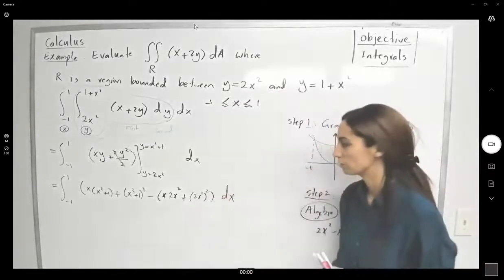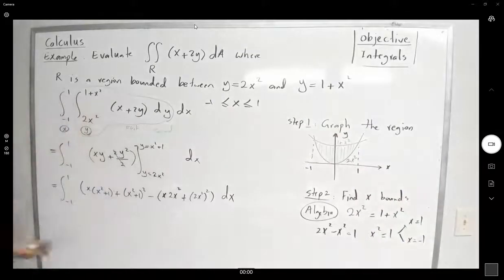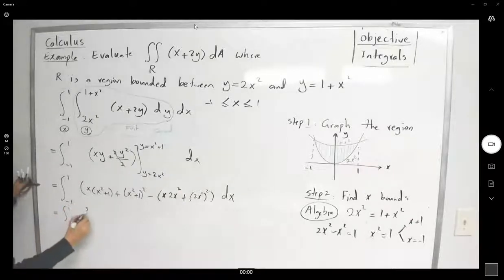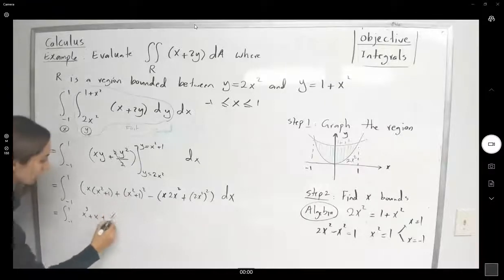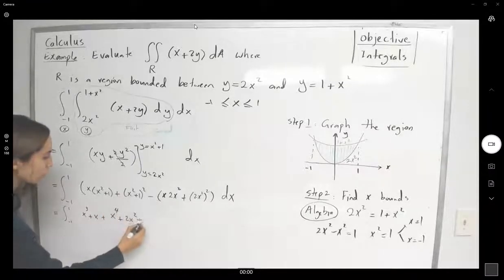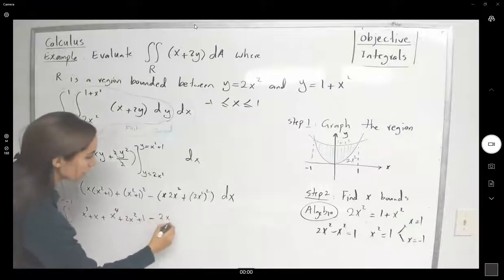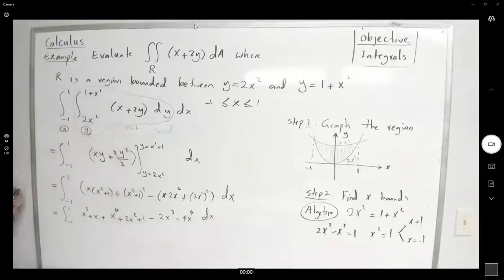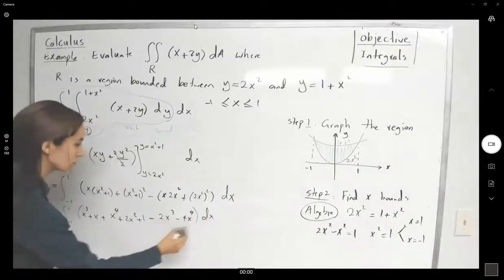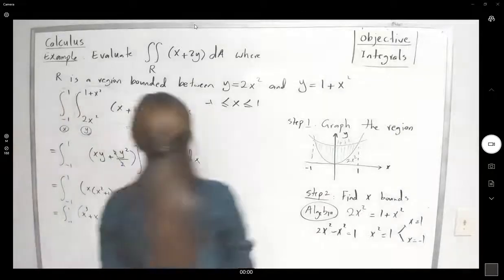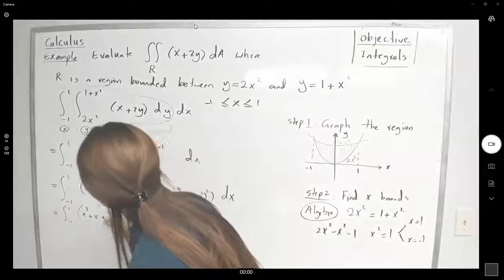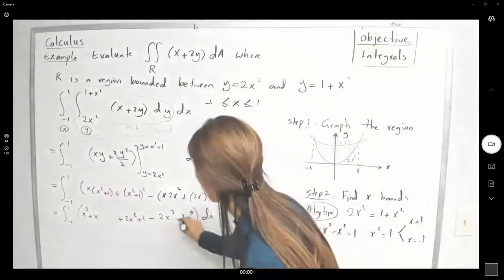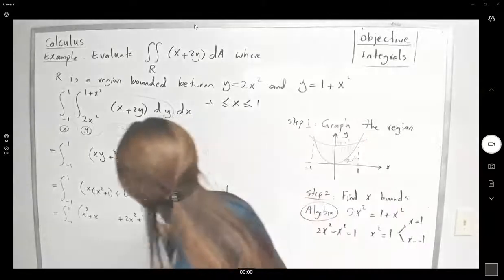Then I need to find the integral with respect to x. Well, here I can simplify whatever I have here, then take the integral with respect to x. So this is -1 to 1, x cubed plus x, plus here you get x to the 4th, 2x squared plus 1, minus 2x cubed, minus 4x to the 4th, dx. This is not very hard. We can simplify this guy. I get -3x to the 4th. What else do we have? -x cubed.